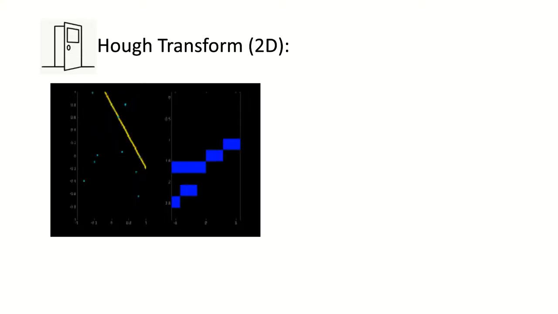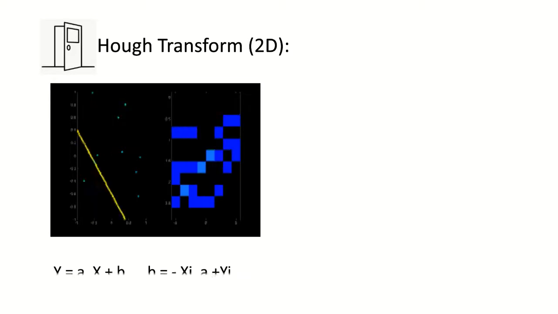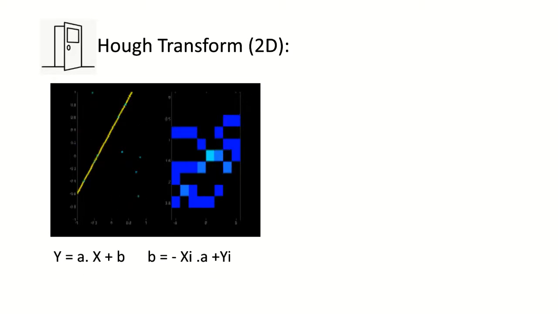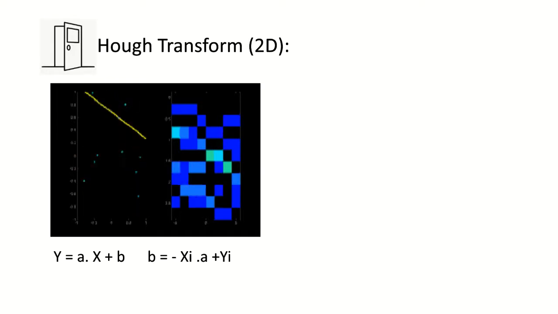The principle of the 2D Hough transform is the representation of a point set, defined initially in the Euclidean space, into another space. For example, in OXY space, the equation of a line has the form y equals ax plus b, where a, b are the line parameters. In an opposite way, the same equation can be written as b equals minus ax plus y and represented in another space, where x, y are the parameters of this line.